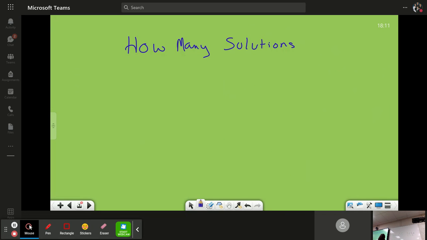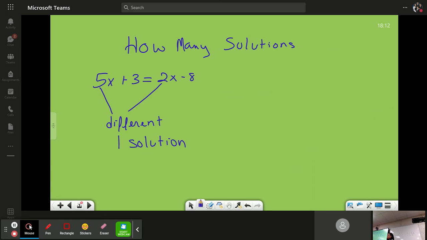If you have 5x plus 3 is equal to 2x minus 8, and your coefficients on both sides are different, 5 and 2, your coefficients are different, then you will have one solution. Only one number in the world is going to make that a true statement.